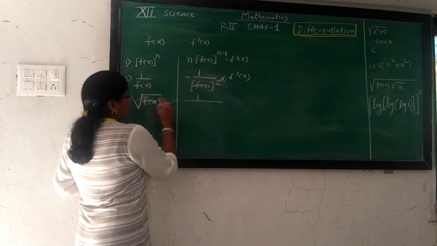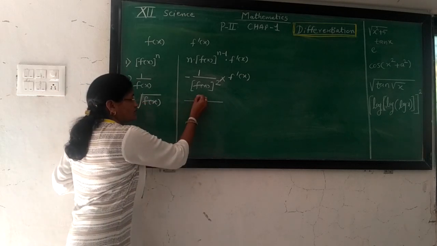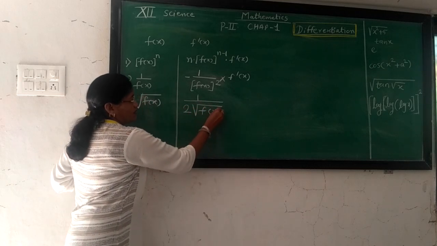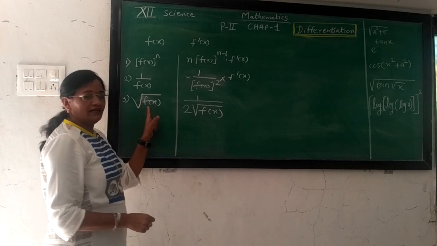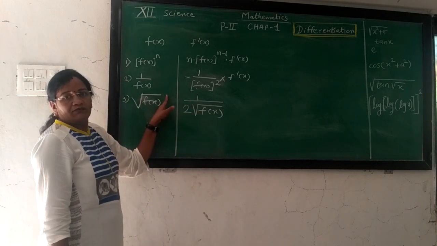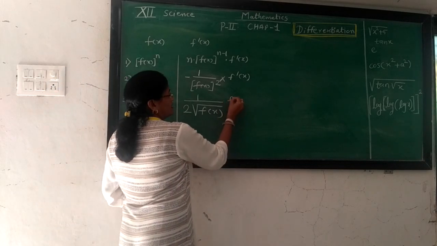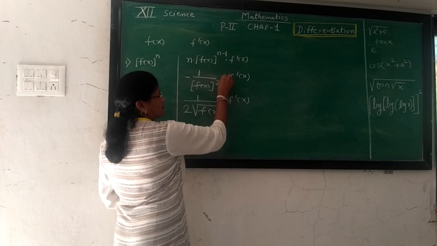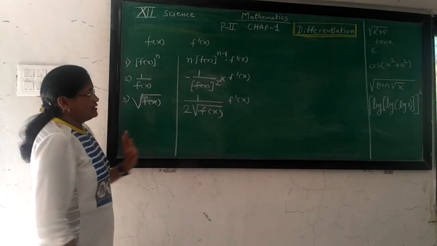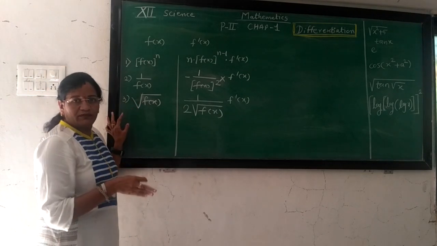So the derivative of root f(x) is 1 upon 2 times root f(x), multiplied by the derivative of f(x). This is the work for the root side, and therefore we multiply again by its derivative f'(x). We may show this by a multiplication symbol or by a dot with f'(x). Proceeding in this way, we take all derivatives of the given function.